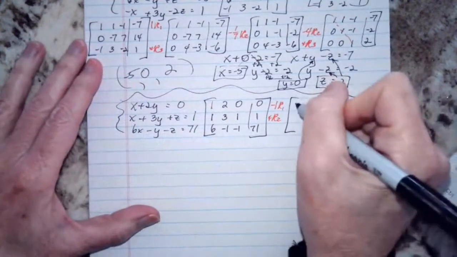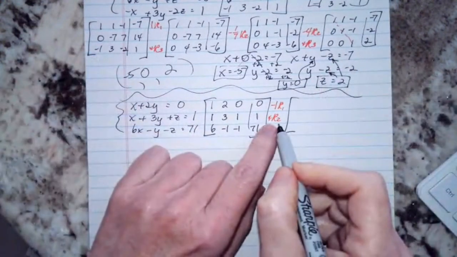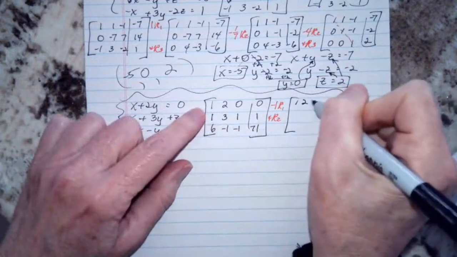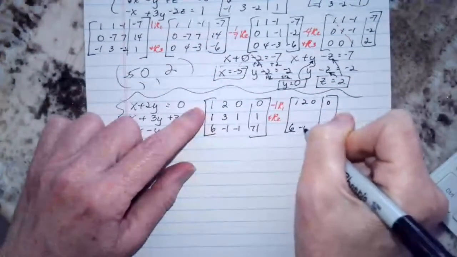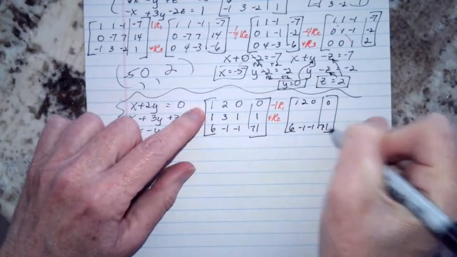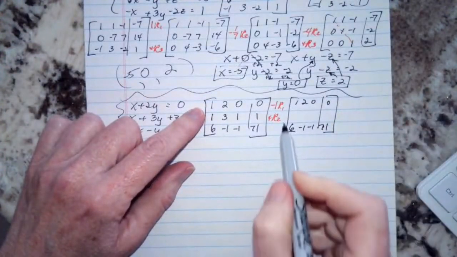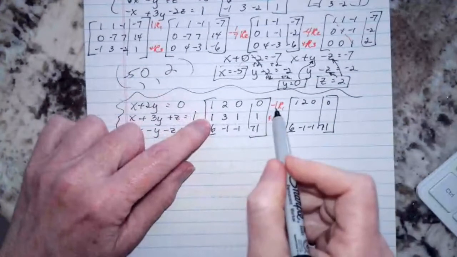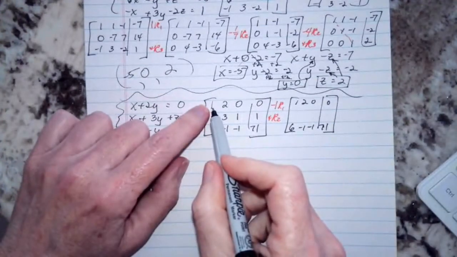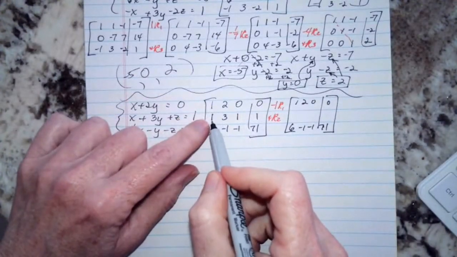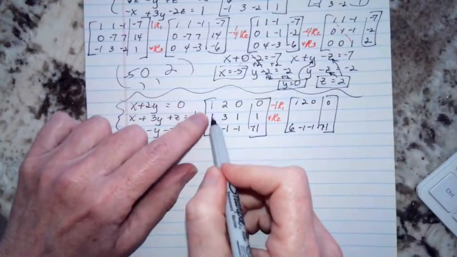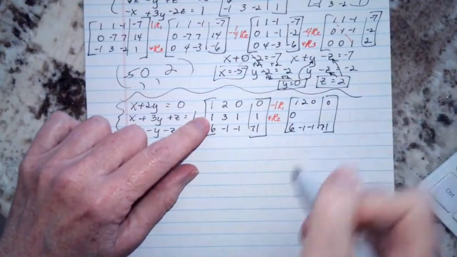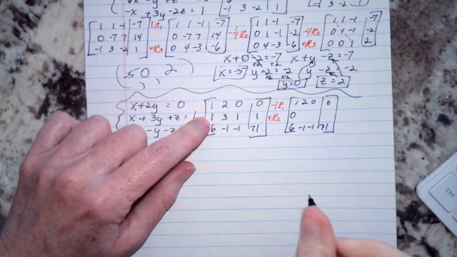So let's rewrite this. Row 2 is the one that's going to change. 71 there. So let's change this middle row. Negative 1 times 1 gives us negative 1. Negative 1 plus 1 gives us 0.